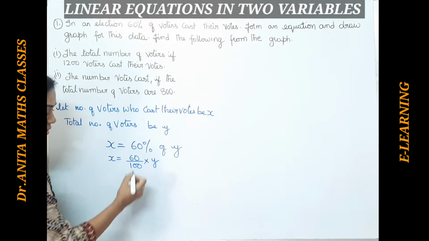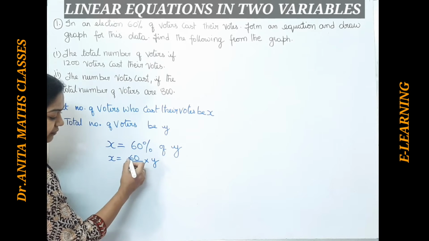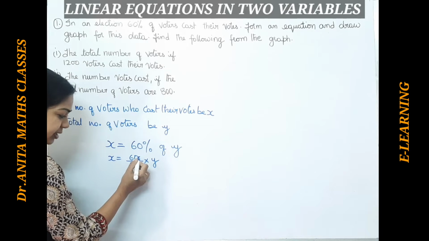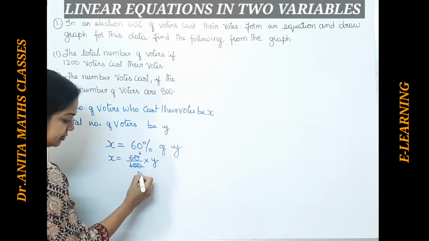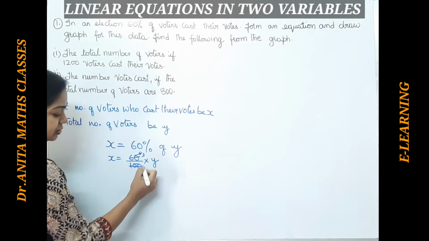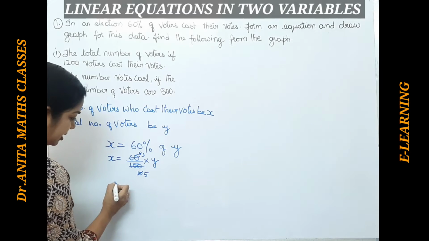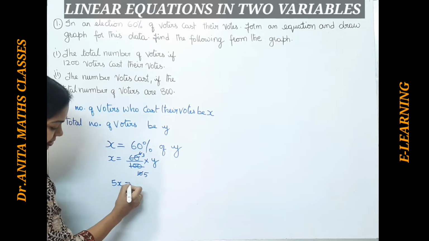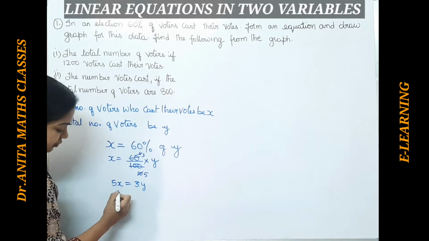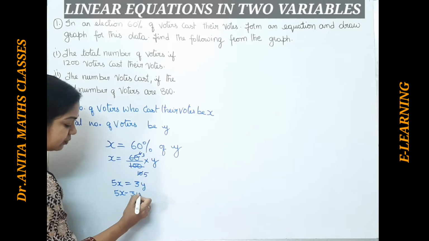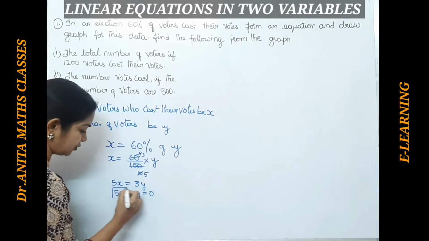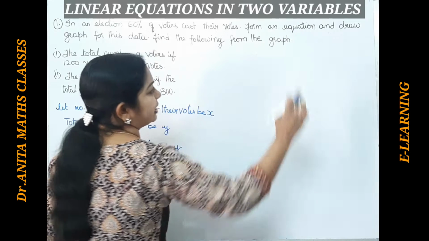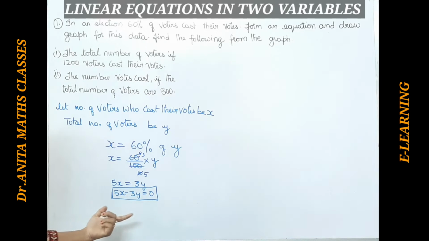If you cancel off the 0s and take 10 out, 10 sixes, 10 tens, it gives 2 threes, 2 fives. If you cross multiply here, 5x is equal to 3y. So 5x minus 3y equal to 0 is the equation formed. So the first part of our question is over: form an equation and draw the graph for this data.